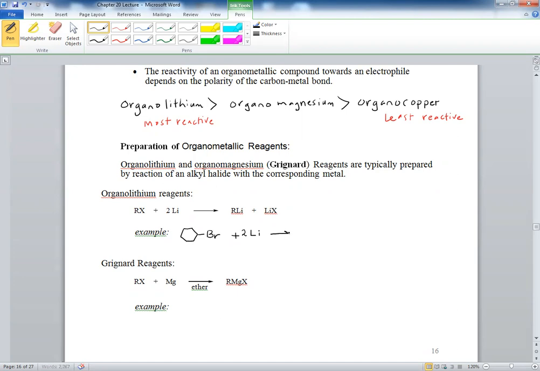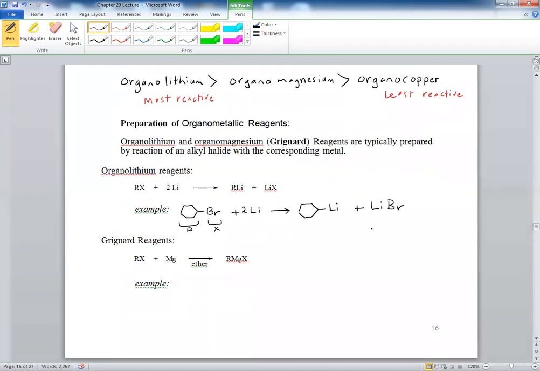What would happen is the following. You would distribute the lithium. One goes to the R group, and one goes to X. So one lithium goes with X and one goes with the R group. Therefore, you're going to have R-Li, and of course, LiBr.